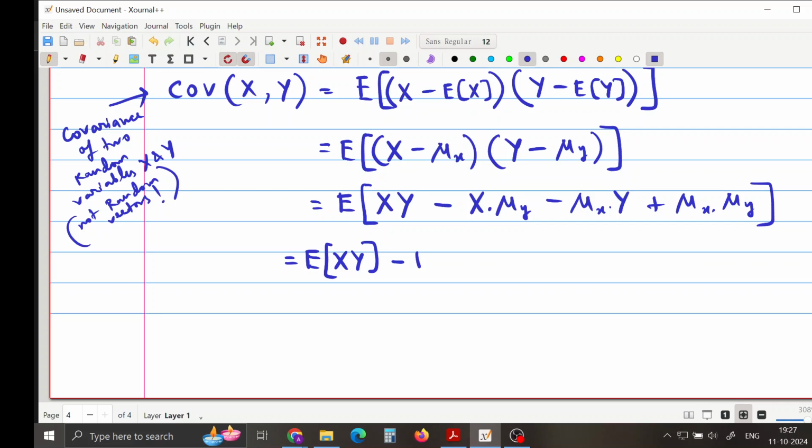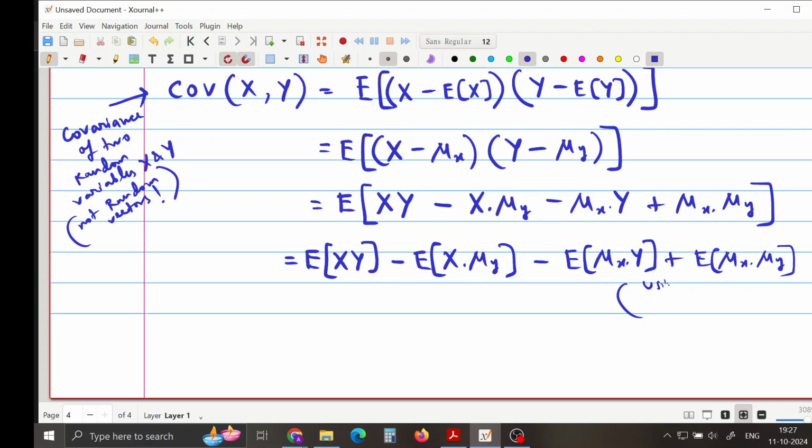minus expectation of... okay, using linearity.